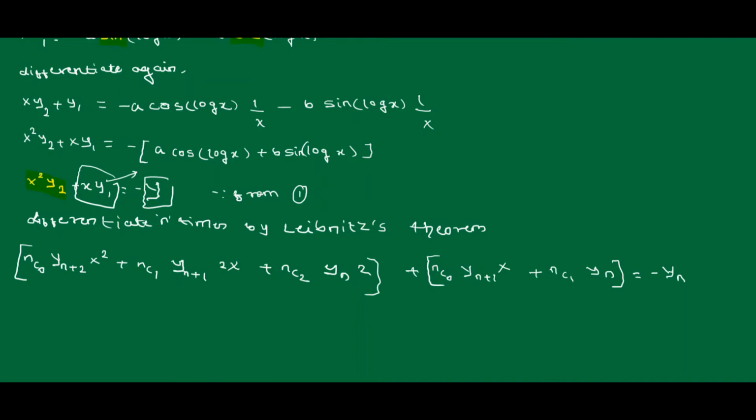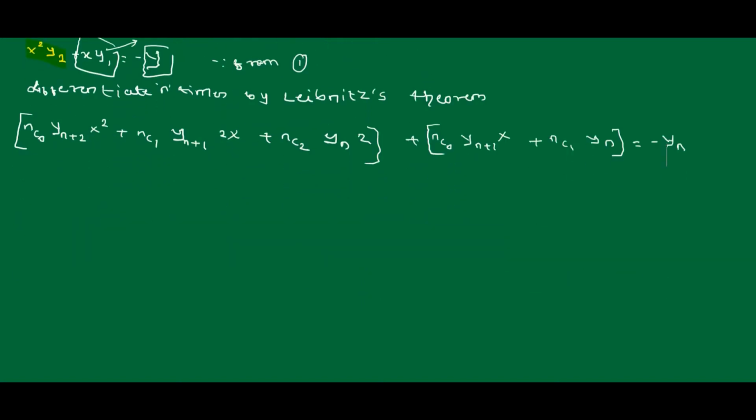Now write down the values. What is the value of nC0? The nC0 value is 1, I will leave it. Now write down the remaining terms. The remaining terms are x square into y(n+2) plus. The value of nC1 is n and the remaining terms are 2x.